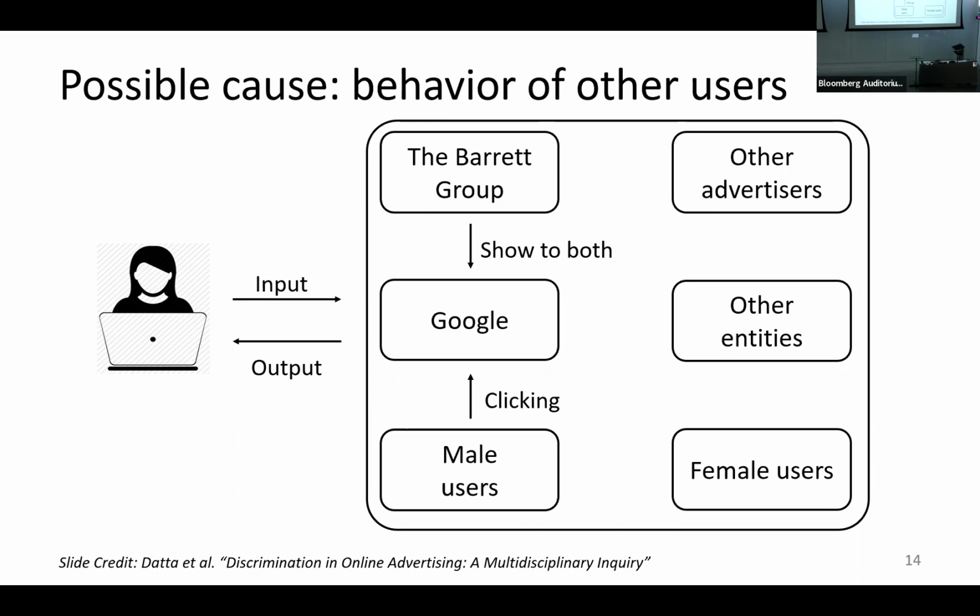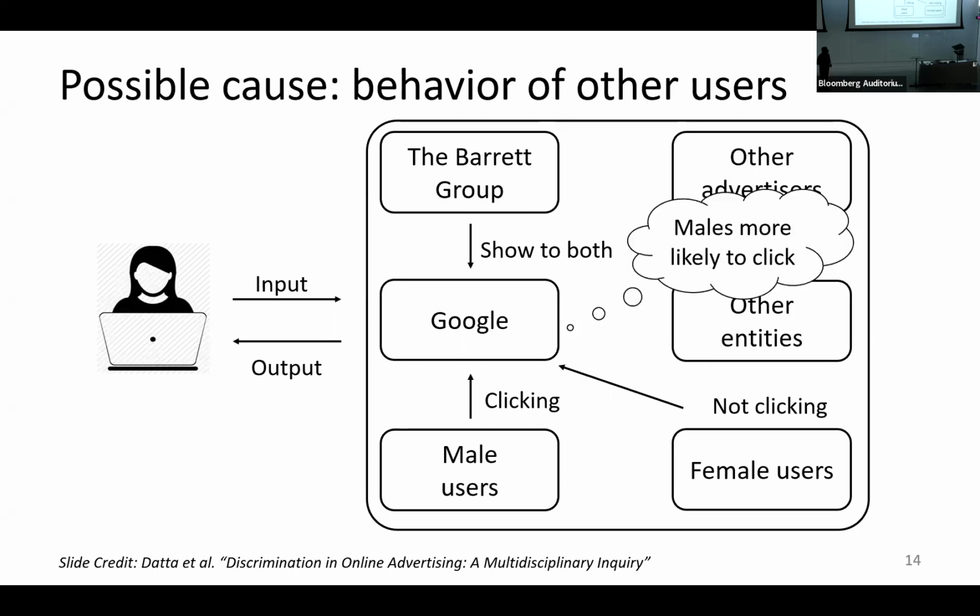And so maybe something that happened is Google started showing the ads, and maybe the first day or whatever, it was showing the ad equally. But then it just happened that more male users were clicking on the ad than female users. And so over time, Google learned that this feature that I'm calling male is more likely to click on the ad.